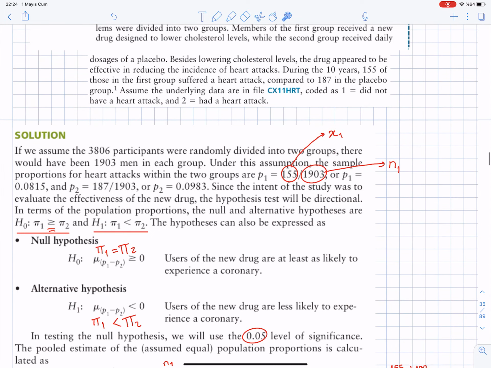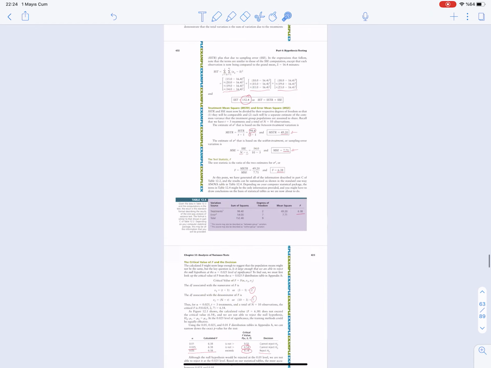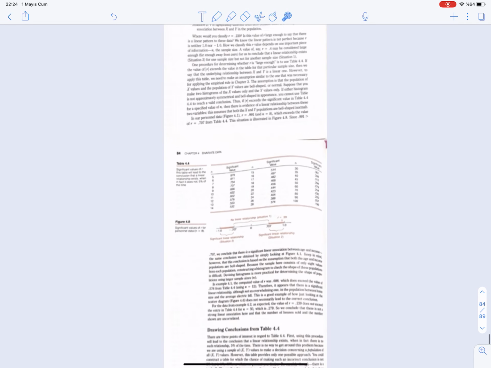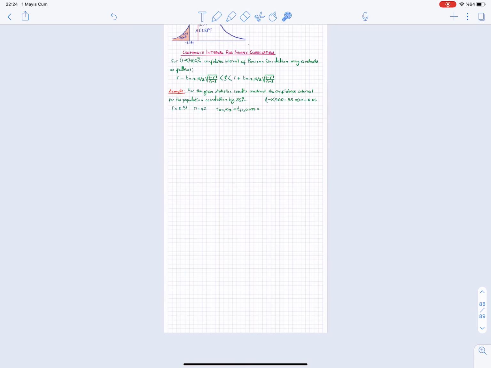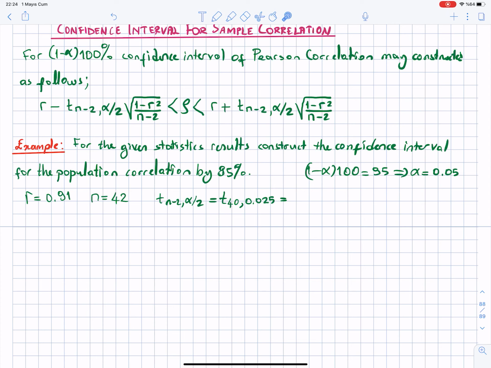So I'm going to go back to my lecture and consider the critical value to be 2.021.